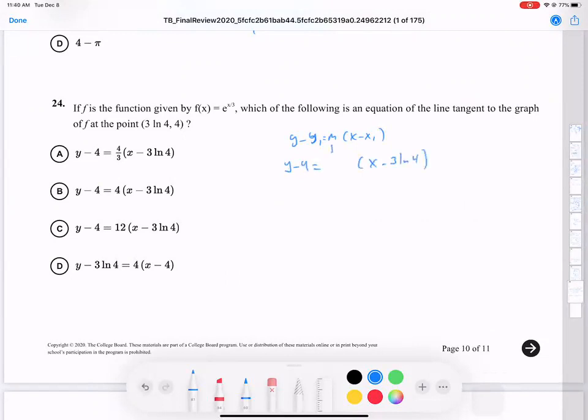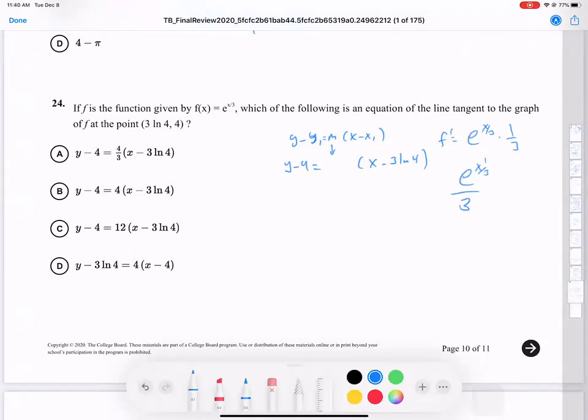And then they want us to find the derivative, so f prime is e to the x over 3 times 1 over 3. It's x over 3, sorry.